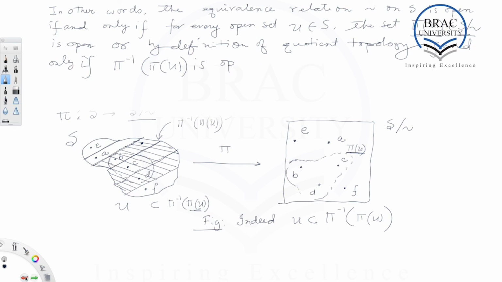The pre-image of pi U, which we have seen in this figure earlier, is the union of all these equivalence classes, where x is in U, and it is open in S.